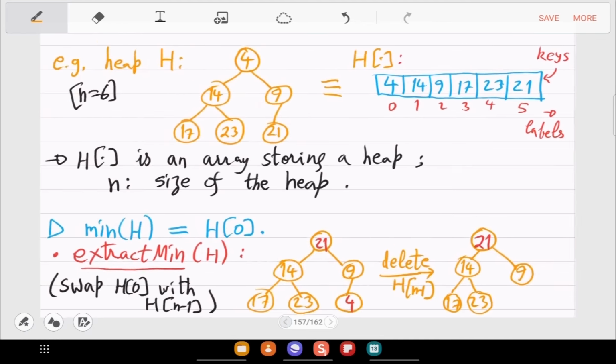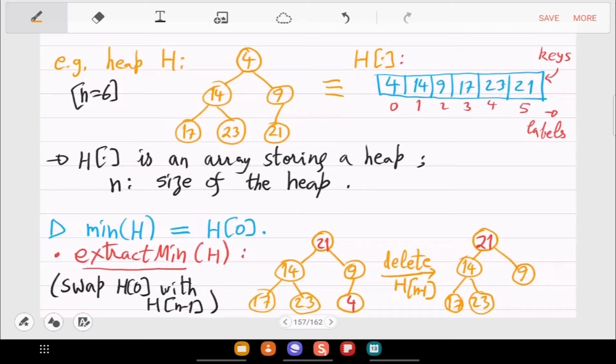Yes, very good. That is what you will do. This will now cascade down. Wherever there is a problem, it basically means that that node has a child with smaller value. So you should just swap with that and cascade down.